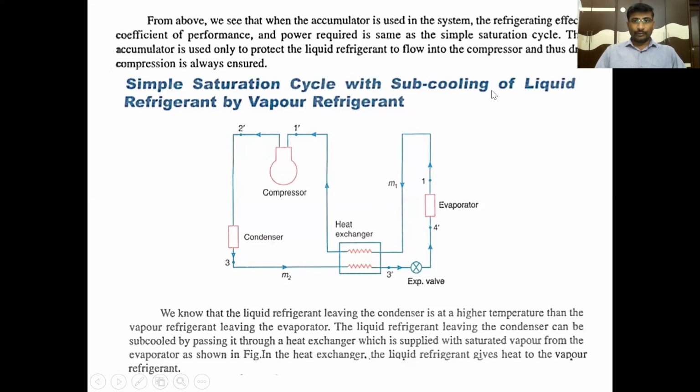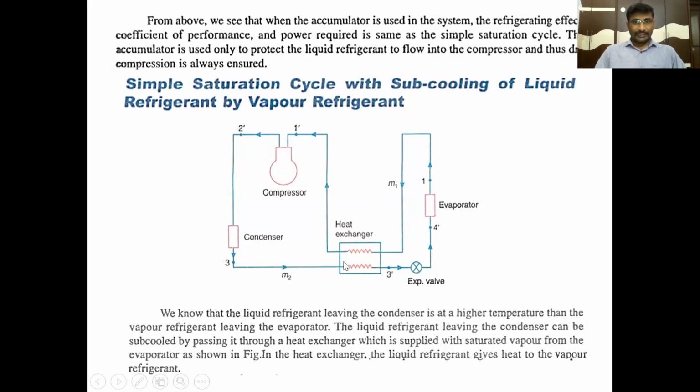We know that the subcooling process increases the refrigeration effect. To do that subcooling, we are using the vapor refrigerant as a cooling medium here, because the low pressure vapor refrigerant has a lower temperature than the liquid refrigerant, which is maintained at higher pressure.